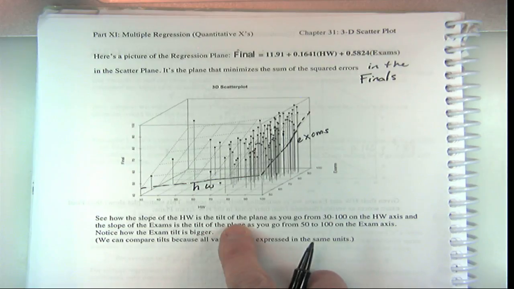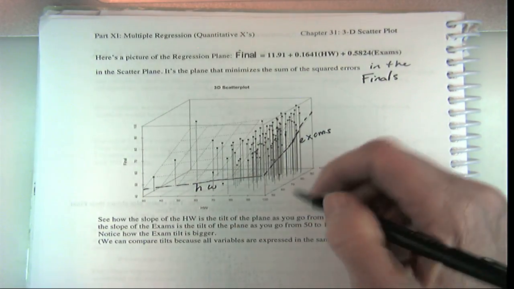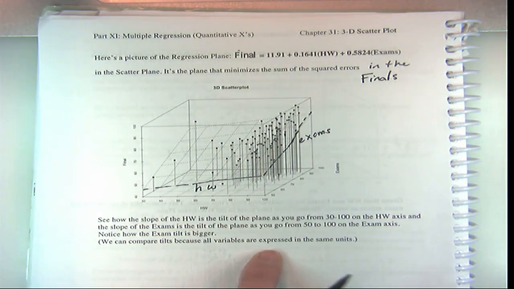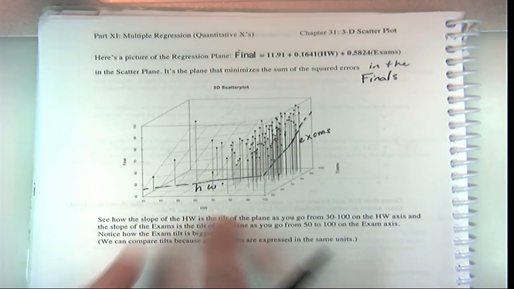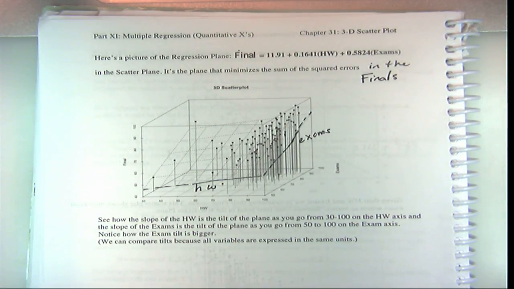See how the homework is the tilt of the plane as you go from 30 to 100 on the homework? And this one is much steeper. We can compare tilts because all the variables are expressed in the same units. Otherwise, it would be hard to. So that's the idea, and that's the picture.